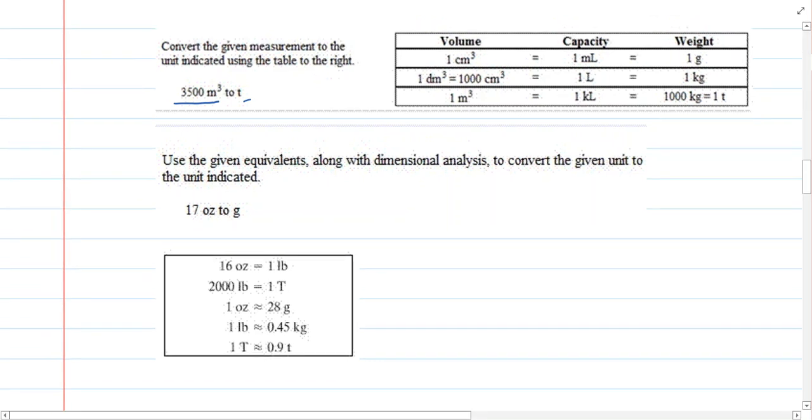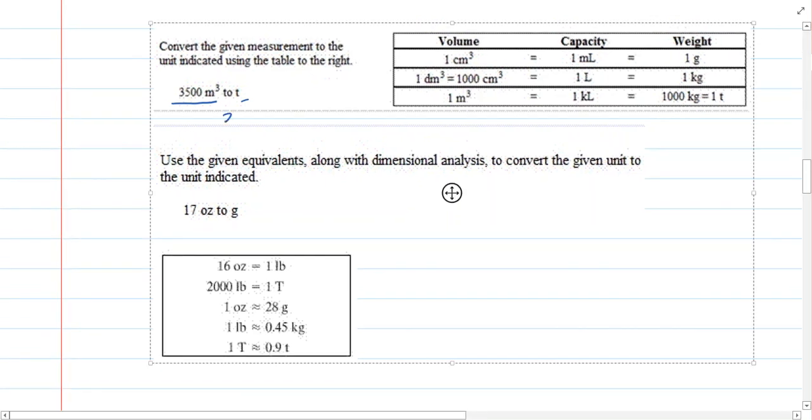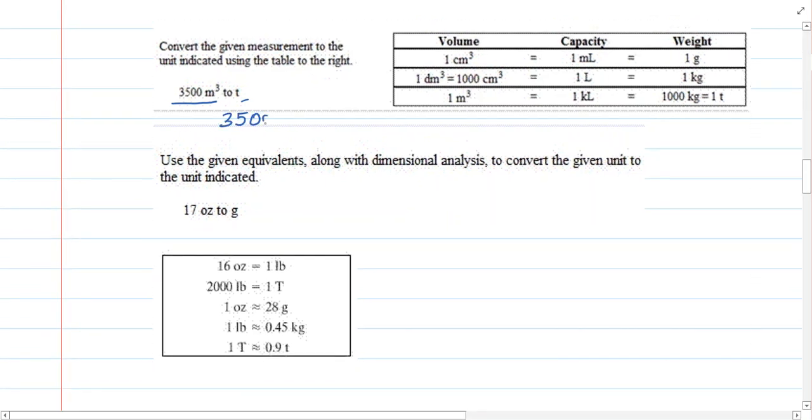All right. So I'm going to take my 3,500 meters cubed. That's my starting point. I want to go from meters cubed, which is the bottom one, to tonnes. So I have this is equal to that. Isn't that cool?